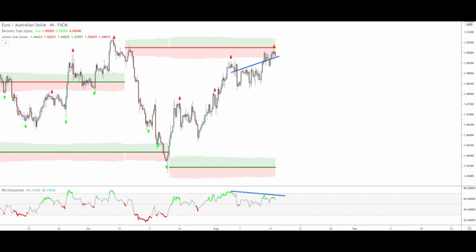If it wants to move higher, it's probably going to be limited, because it's moving higher but the RSI is decreasing, and since it's exhausted, the price can't really go any further than this. So the second condition is checked as well.